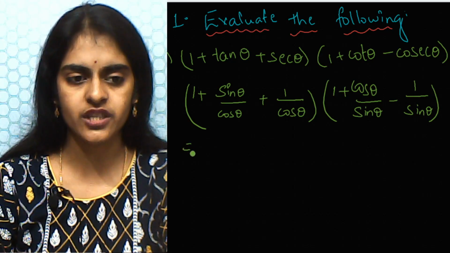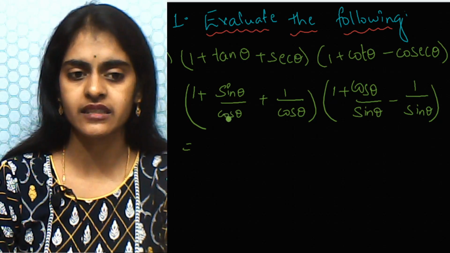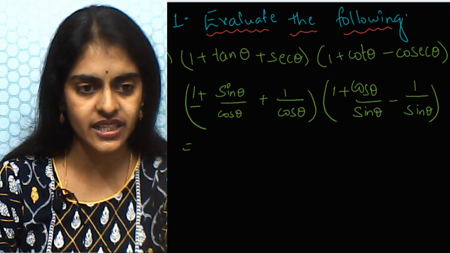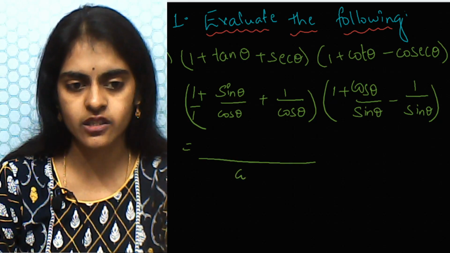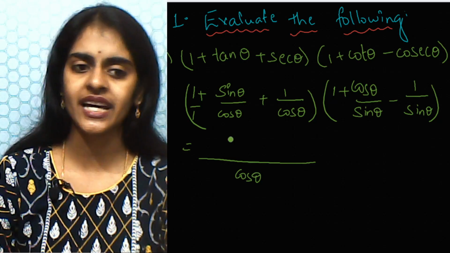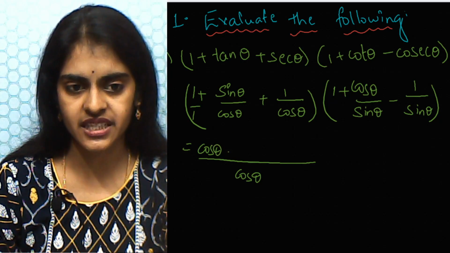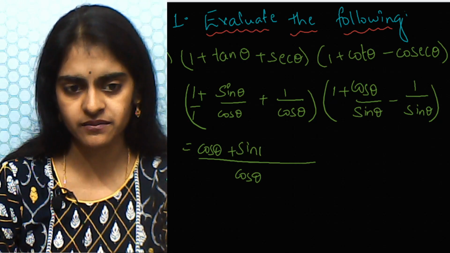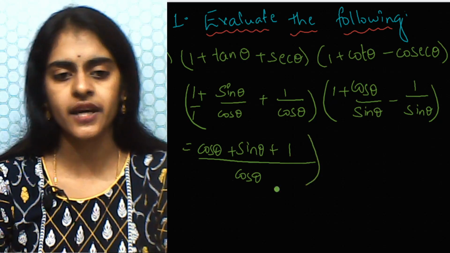So this is equals to, let us take LCM. Here you can see this denominator is cos theta, and here you don't have any denominator, so it is like 1 divided by 1. So the LCM you get is cos theta. Here it is 1 into cos theta is cos theta, plus denominators are same, so this is sin theta, plus 1.